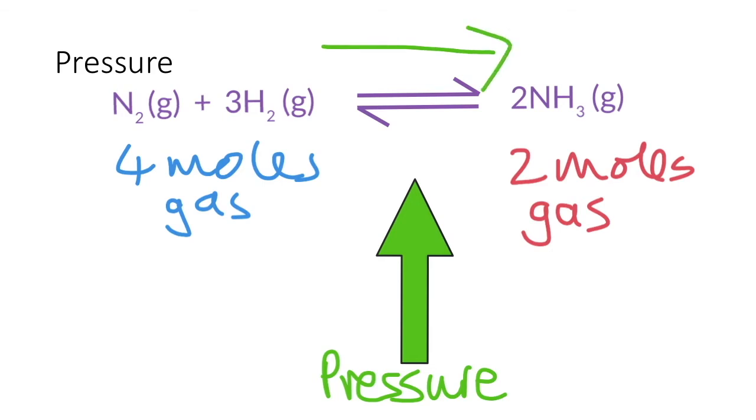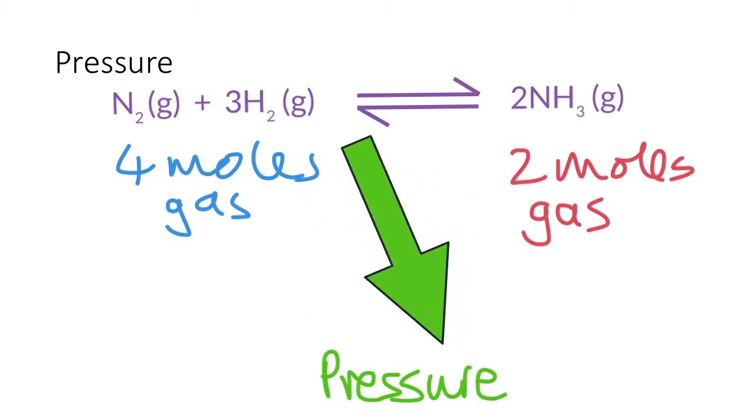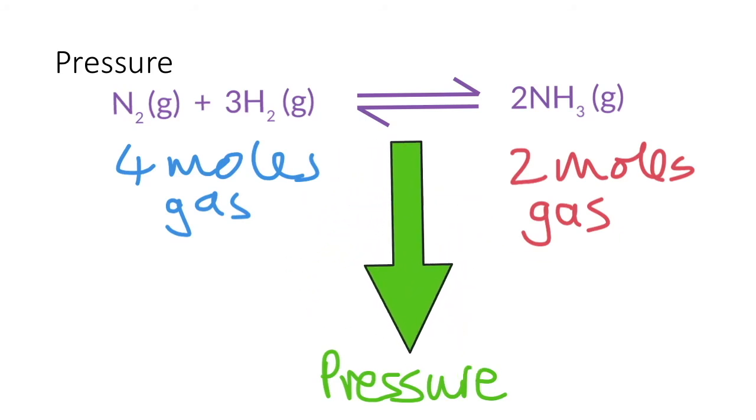It tries to reduce the pressure. If we decrease the pressure, the equilibrium will shift to the side with the greater number of moles of gas to try and increase the pressure. The equilibrium shifts to counteract the change we've applied.